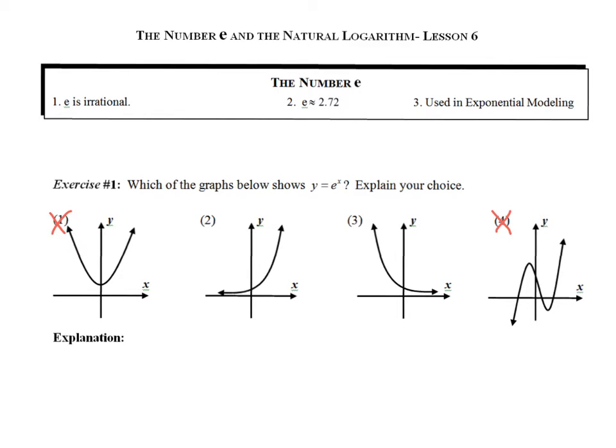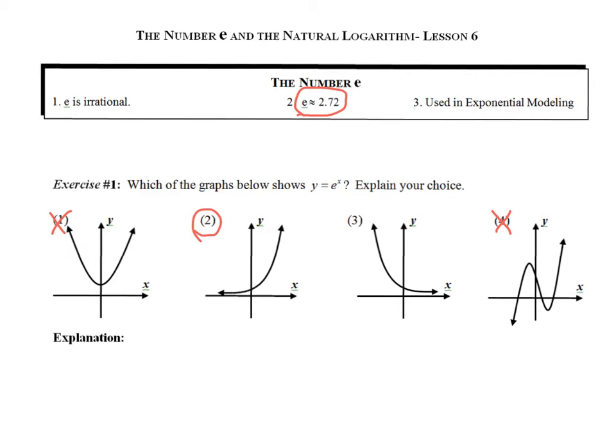2 looks like exponential growth, 3 looks like exponential decay. Now if we go back and look, we say, oh yeah, e is actually equal to the number 2.718, etc. So when I look at my exponential graph, since e is a number greater than 1, I know that I must have exponential growth. So I'm going to pick choice number 2.